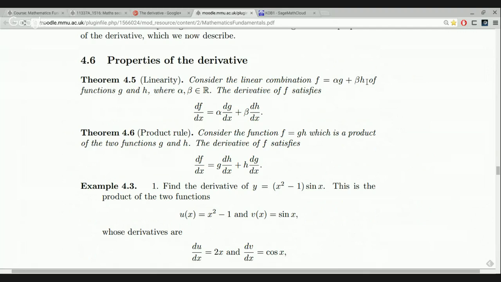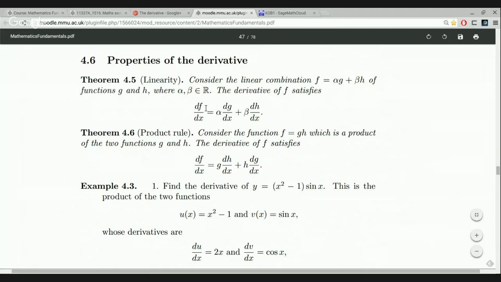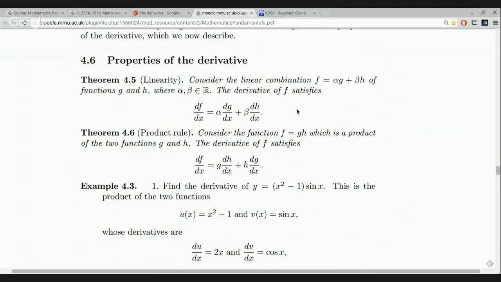And the question is, well, what is the derivative of f? How does the derivative of f relate to the derivatives of g and h? Well, it relates in a very nice way, in an exactly linear way. The derivative of this function f will be alpha times the derivative of g plus beta times the derivative of h. That's saying that the derivative operator is a linear operator.